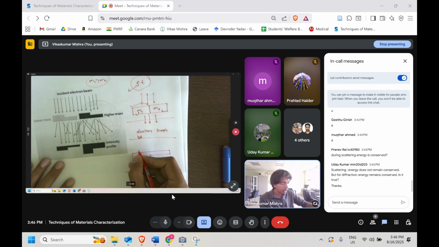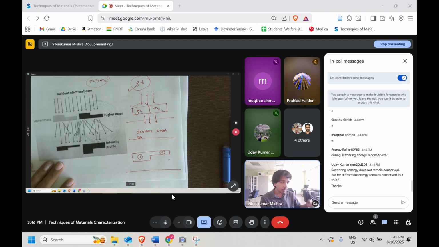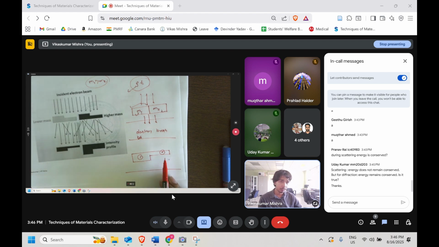So now let's say case 1 and case 2. In which case will the scattering be more, case 1 or case 2? Where will it scatter more? What do you think, one or two?